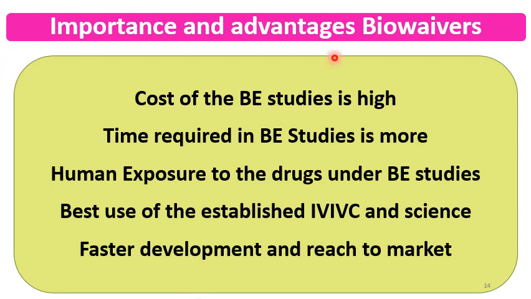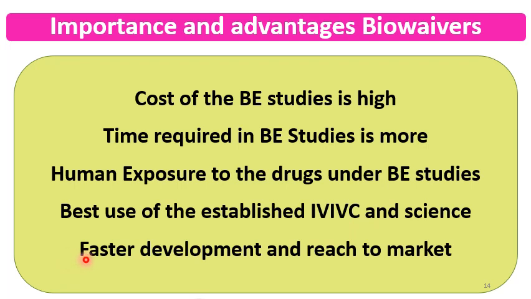Now, importance of bio-waivers. See, cost of the BE studies is high, time required is also high, and humans get exposed in the bio studies. So always, the applicant should try for the bio-waivers. Then bio-waivers involve best use of the established IVIVC and the available science.